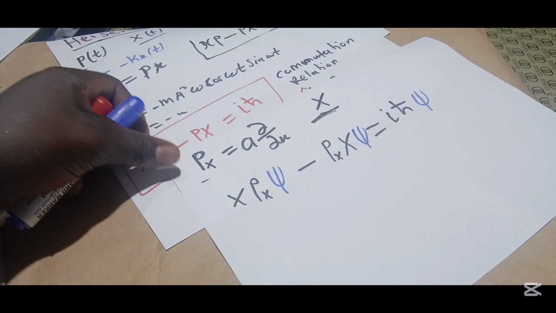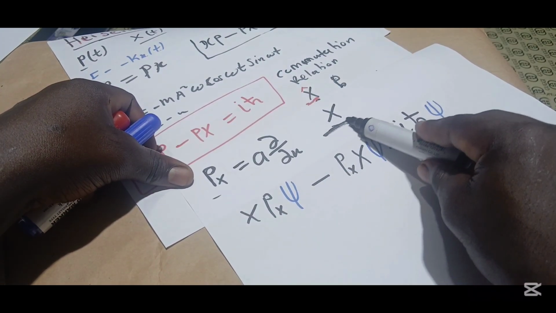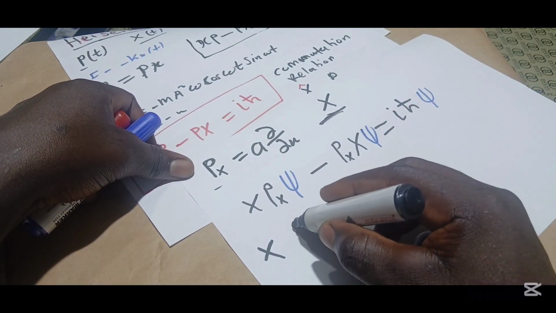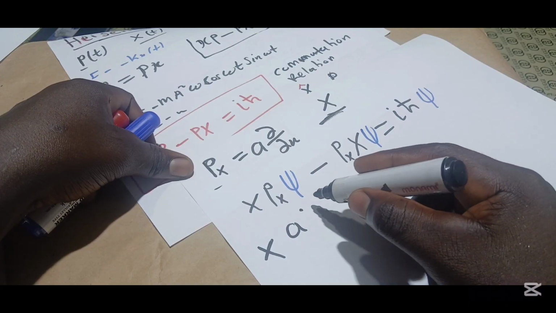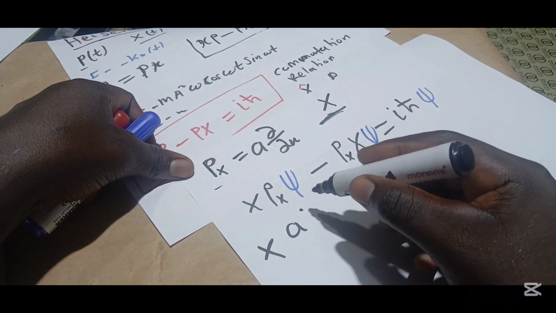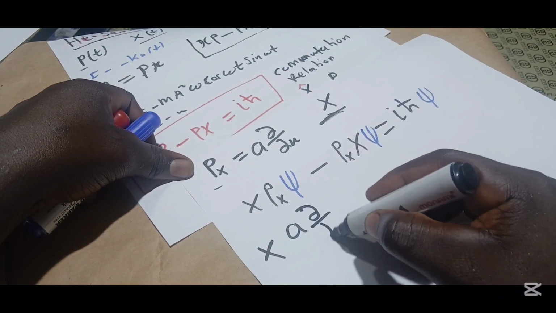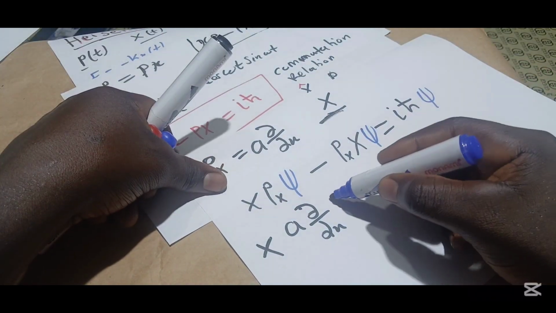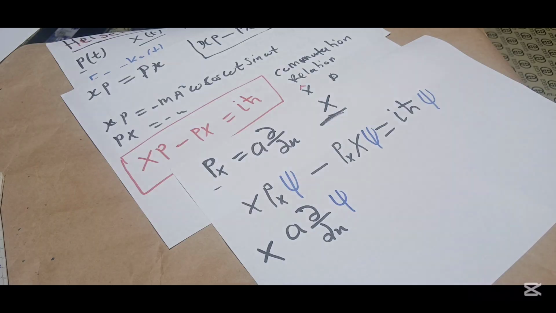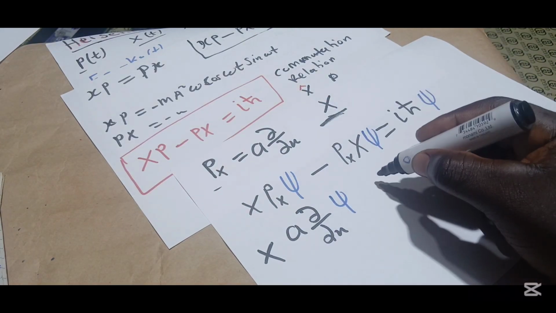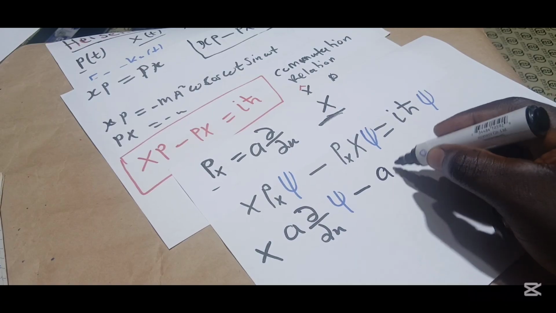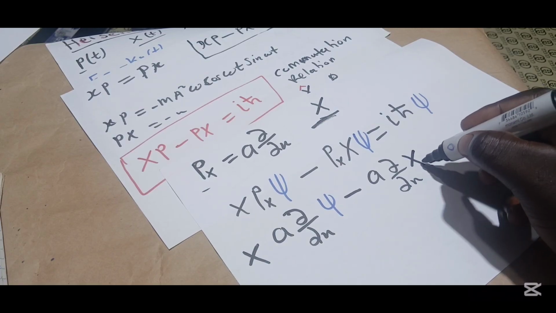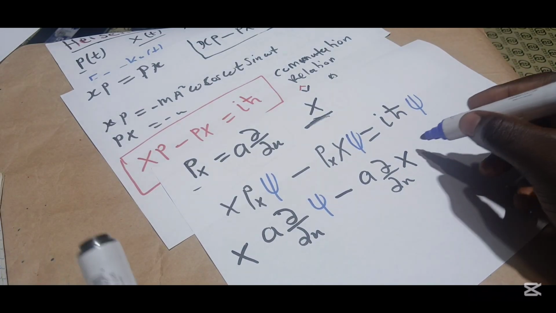We are going to have the first operator x multiplying p, which is a d/dx, since we are dealing with d/dx, including our wave function, and then p, which is a d/dx, with the minus sign, a d/dx, and then our x, which is just x, and the wave function should be there.